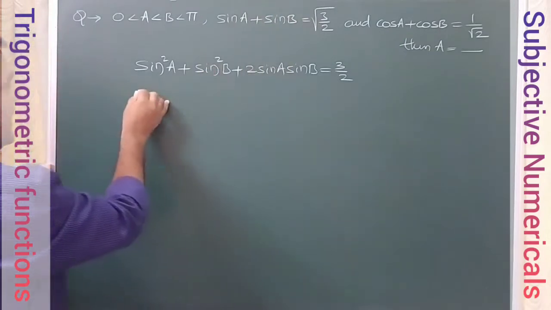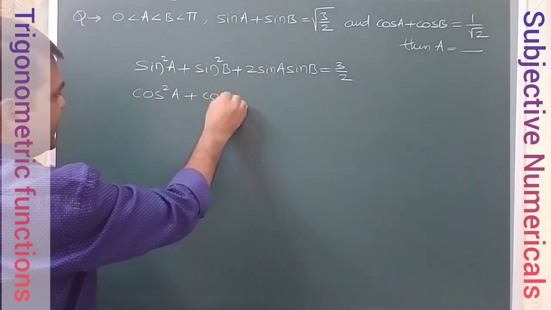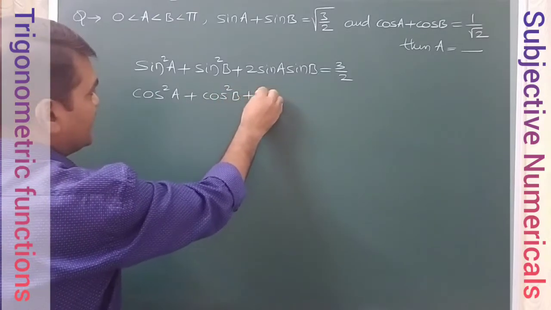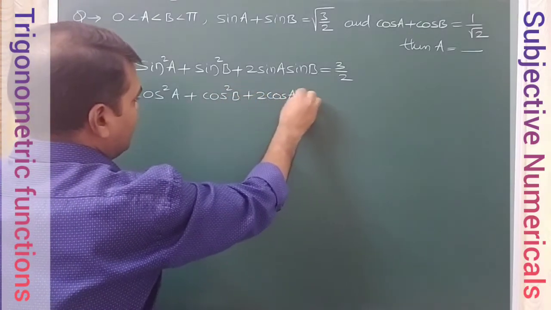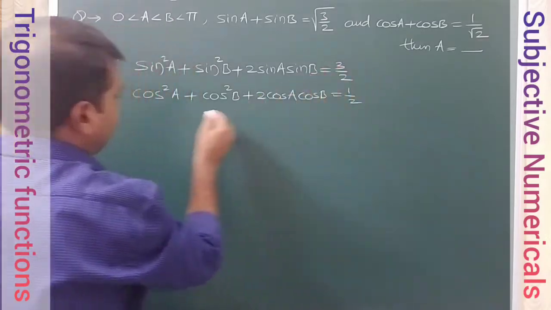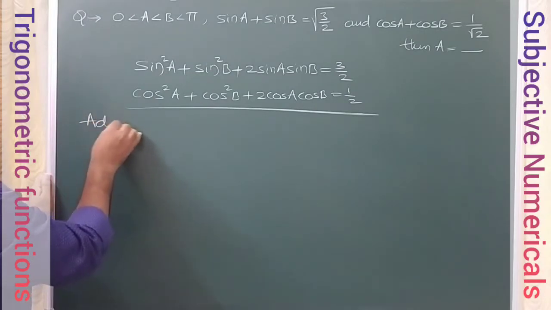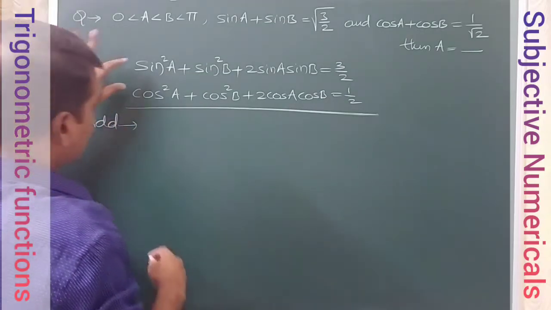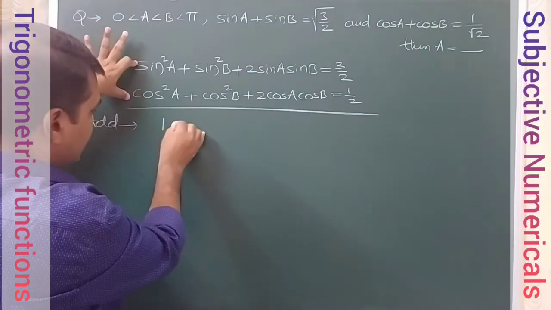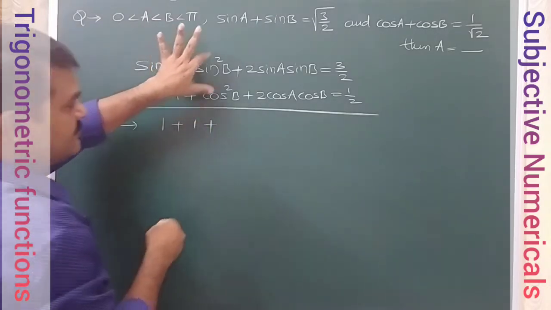Similarly squaring the second equation on both sides, we will get this is equal to 1 by 2. Now add these two. Adding these two, sin square A plus cos square A is 1, and sin square B plus cos square B is 1.